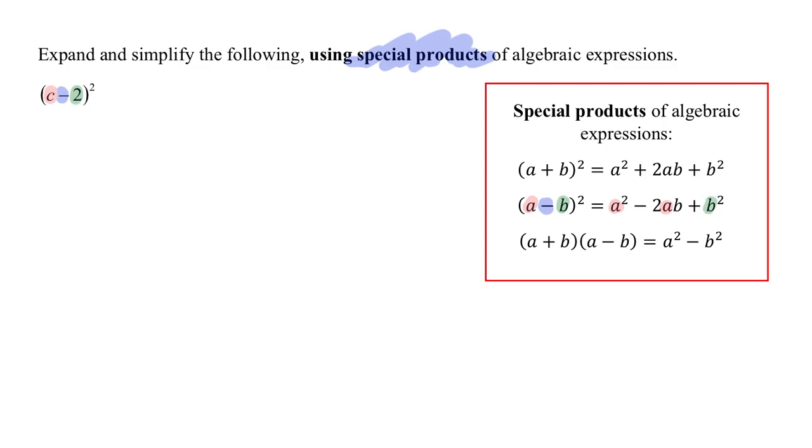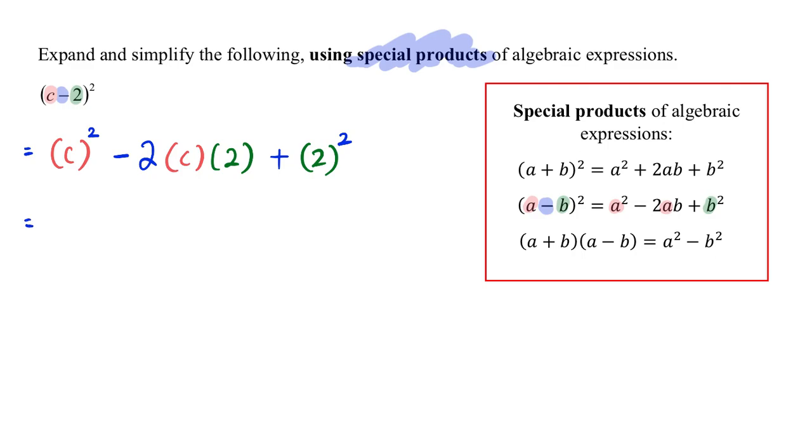And therefore, this will be a², so it's c in this case, minus 2ab. b is 2 in this question, plus my b², which is 2².